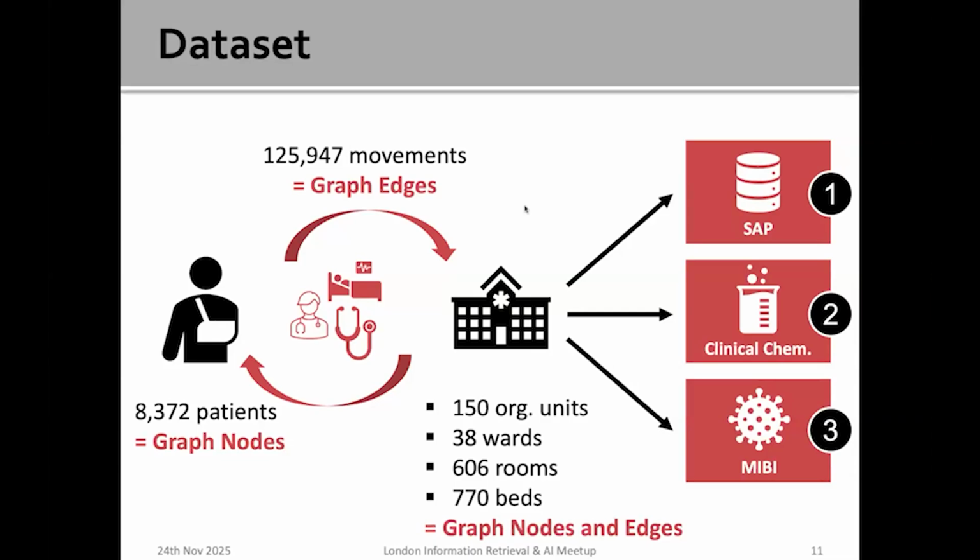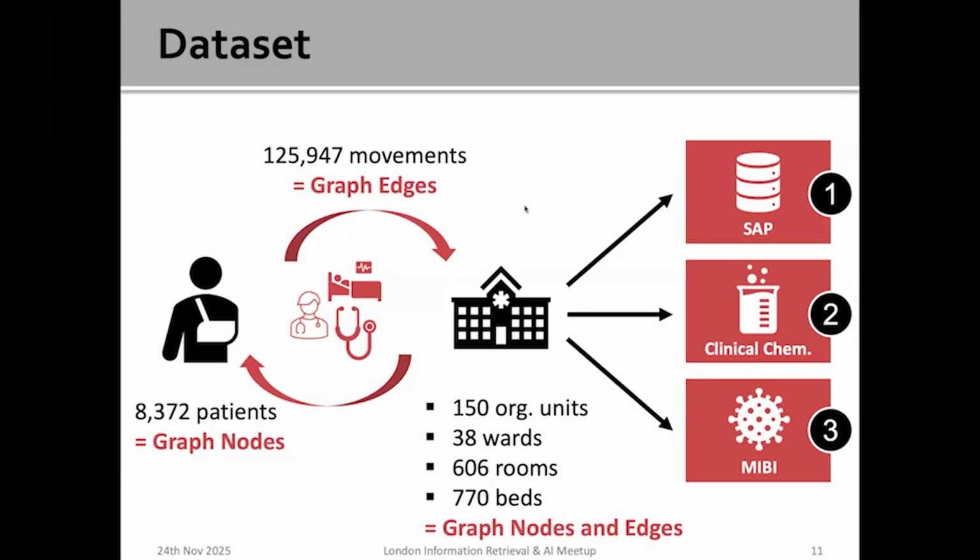We also have the wards and the rooms that are linked to these wards, and the beds that are linked to these rooms. And these are also node types in our graph. So that's first of all how we want to build the graph structure. We also want to use all that structured information that we have about the patients, so diagnosis, procedures, blood test results, stuff like that, to add more expressiveness to our model.